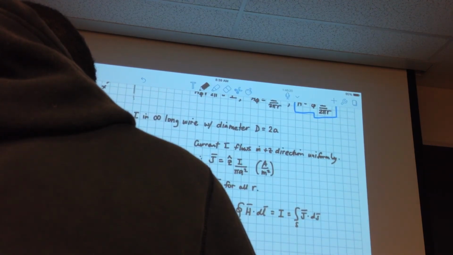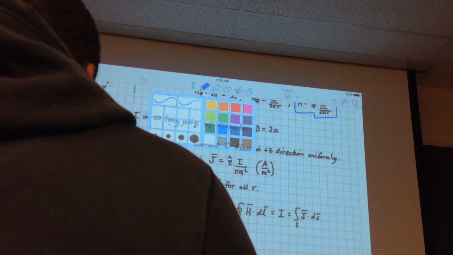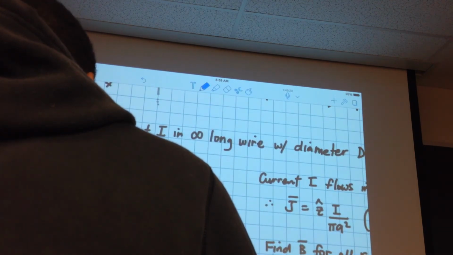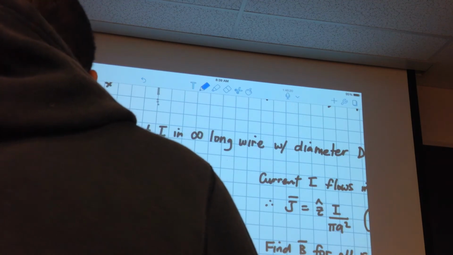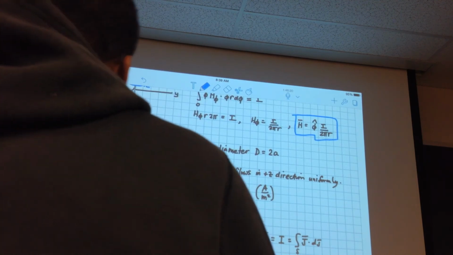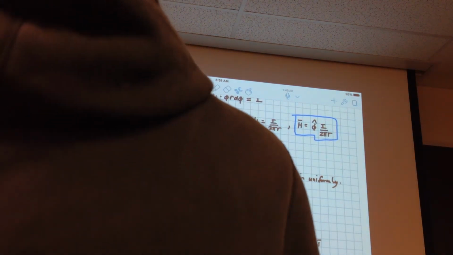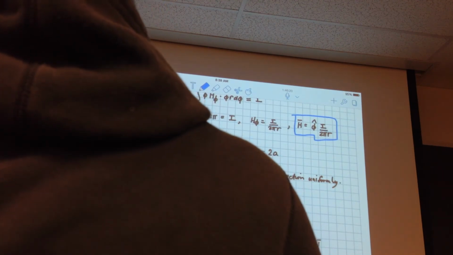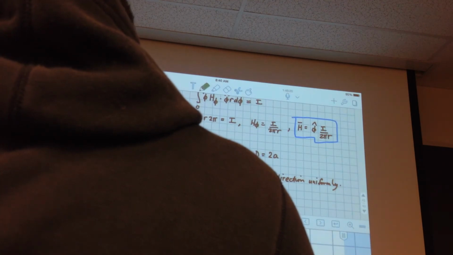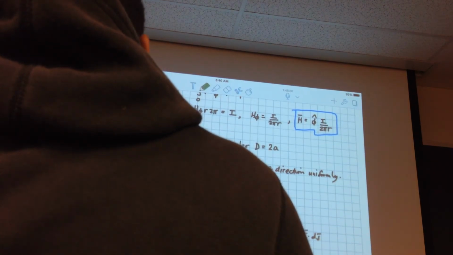Since we've got current everywhere inside of our wire, we're going to need this more general form. A good choice of Amperian contour is going to be another loop C, and the radius of that loop is R. R is the radius of that contour.